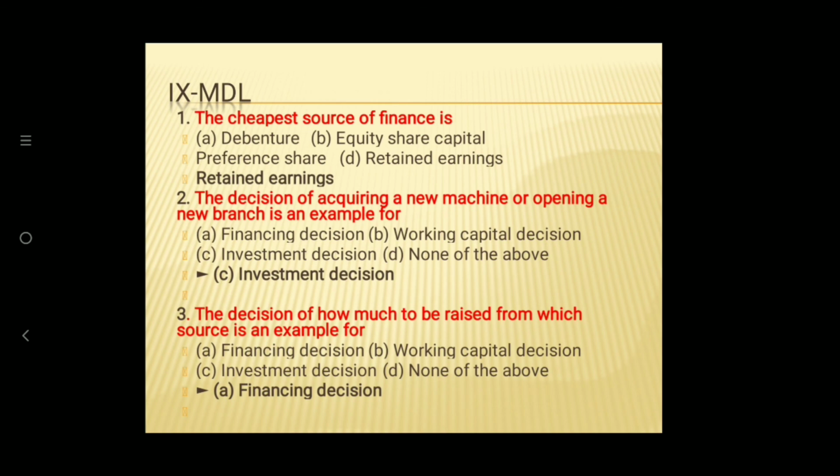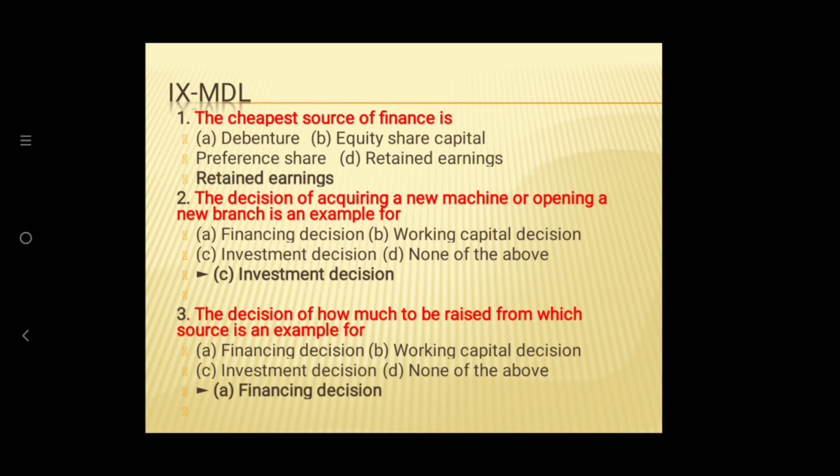Next question, the cheapest source of finance is debenture, equity share capital, preference share, retained earnings. The right answer is retained earnings, option D. Next question, the decision of acquiring a new machine or opening a new branch is an example for option A, financing decision, B, working capital decision, C, investment decision, D, none of the above.